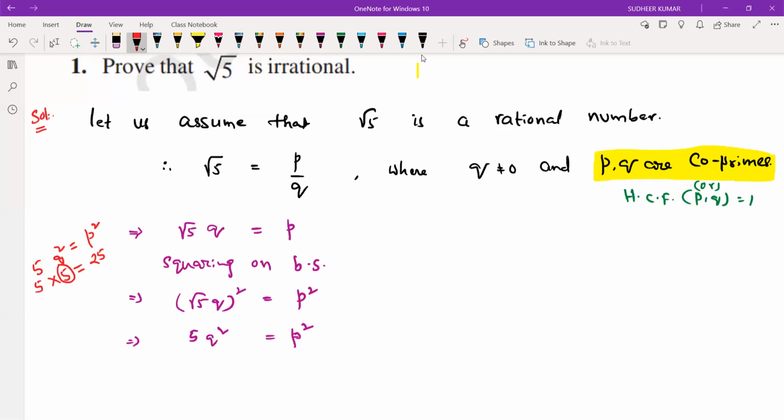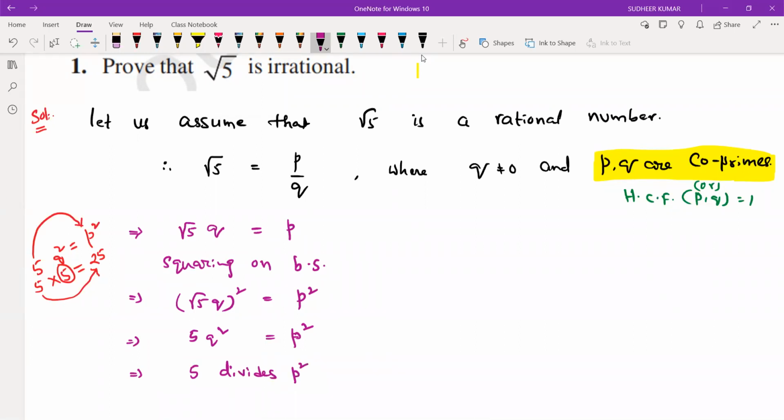Now, in this case, 5 divides 25 or not? Yes, when we divide 25 by 5, the remainder must be 0. So when 5 divides 25, that means 5 divides P square, isn't it? So using the same concept, we'll write here 5 divides P square.